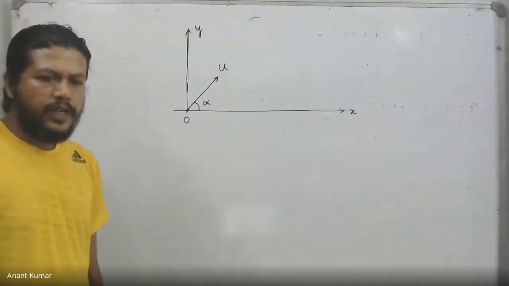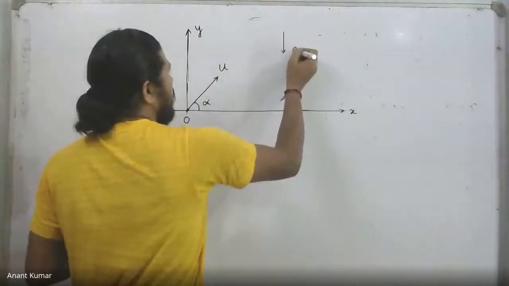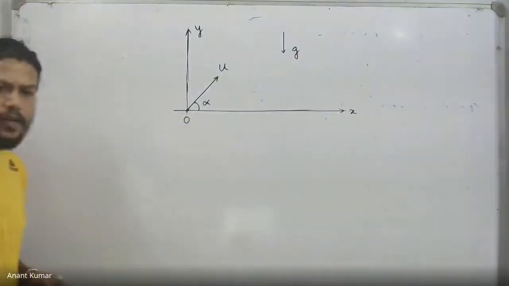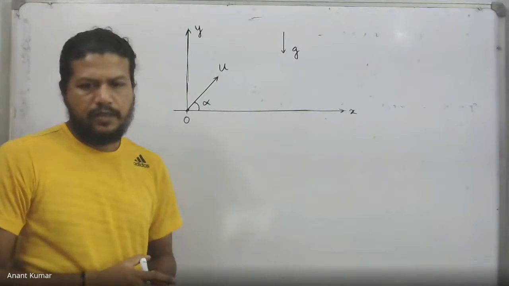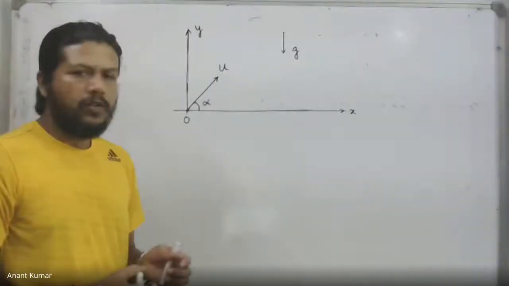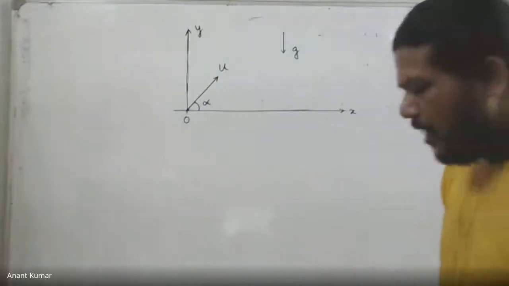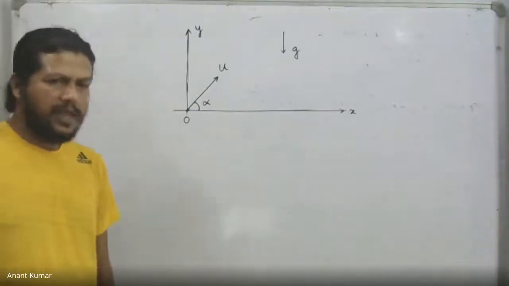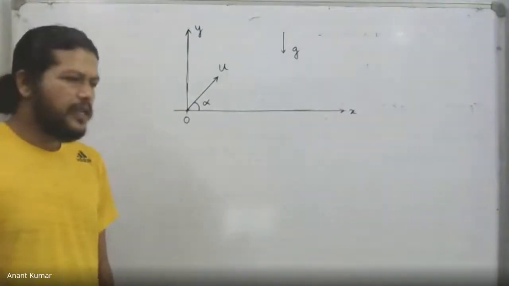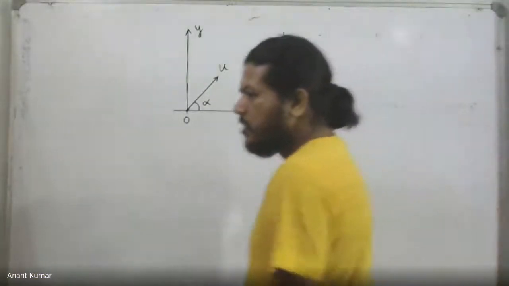We are simply assuming only gravity, vertically downward, so there is no acceleration along the x-axis. You can resolve vectors along any direction, and as we have seen earlier in that relative motion example, the triangle problem we did, in any given direction the displacement was determined by the velocity in that direction.